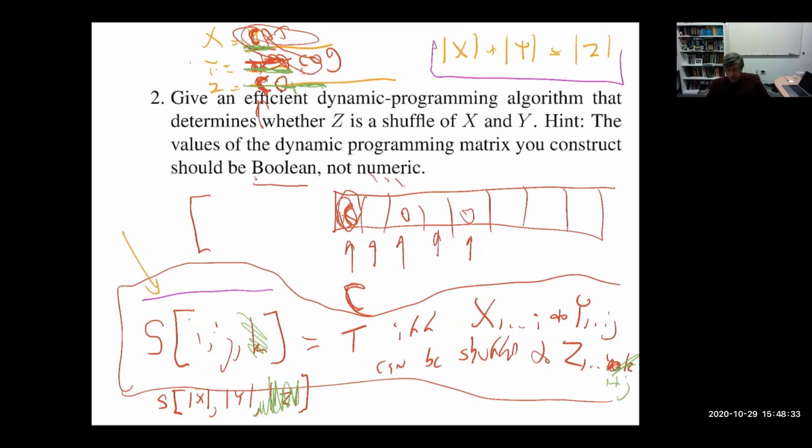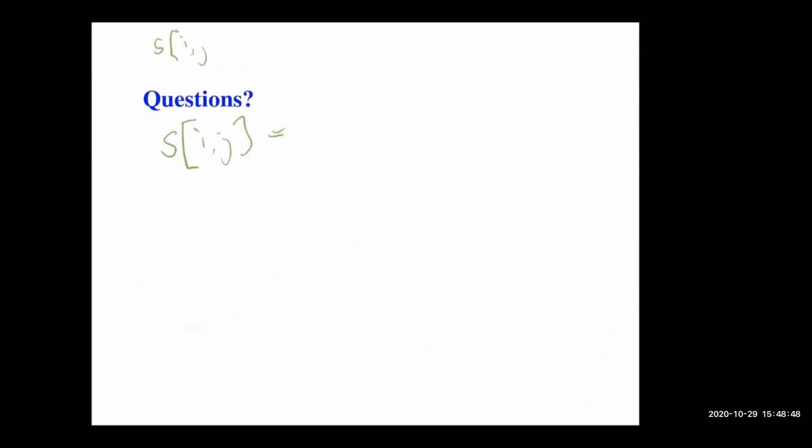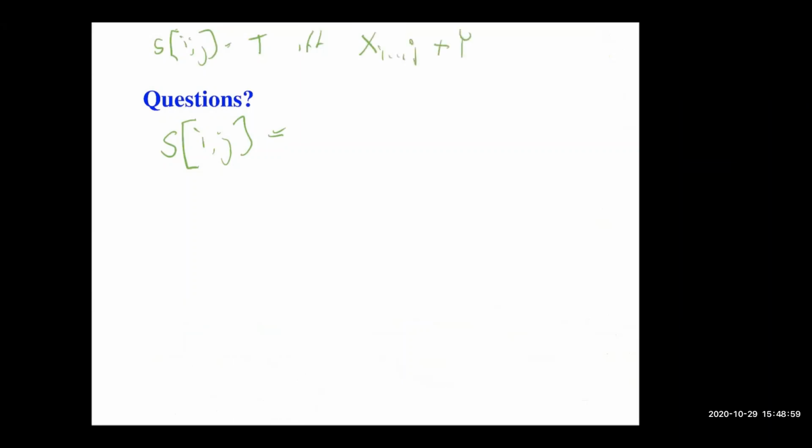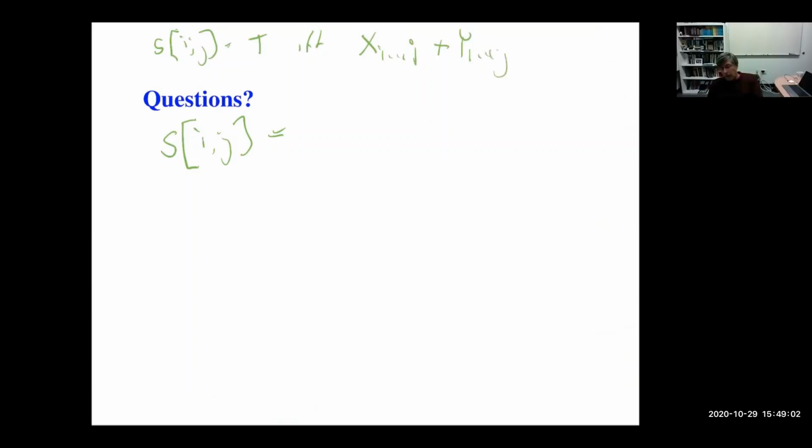Okay. Now, can anyone give me a recurrence relation to compute S sub ij, just to remind us, which is equal to true if and only if x sub 1 up to I plus y 1 up to j can be shuffled into z 1 up to I plus j.